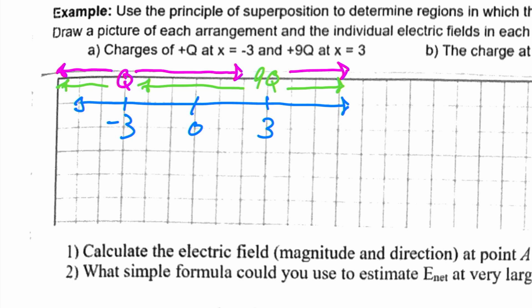So we can see here that the E fields add when x is less than -3 or x is greater than 3.